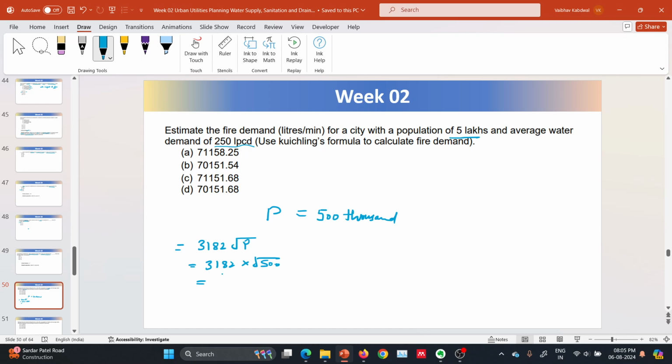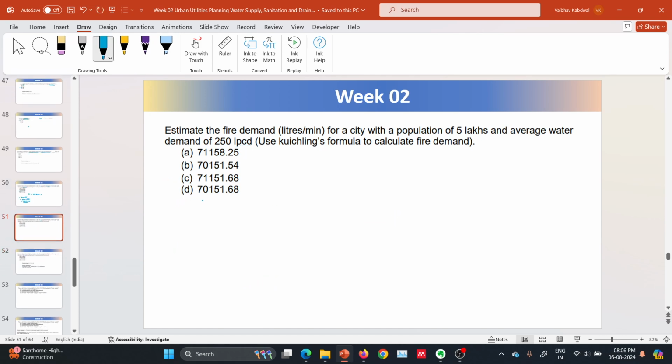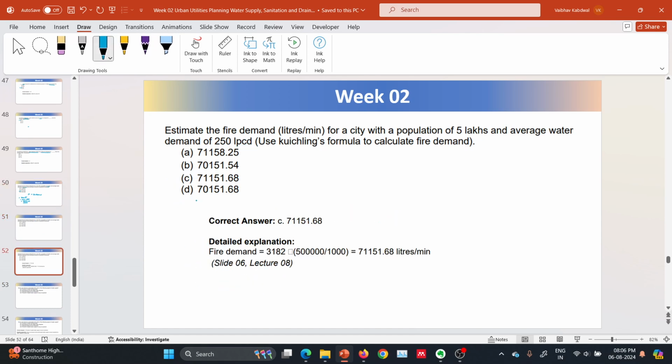If I calculate it, it comes out as 71151.68. So the answer is C. Correct answer is C.